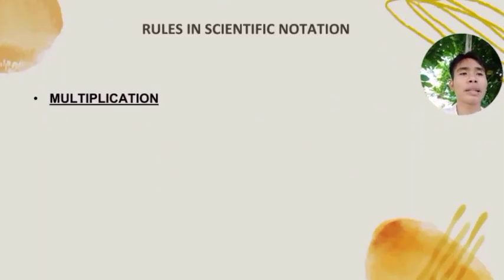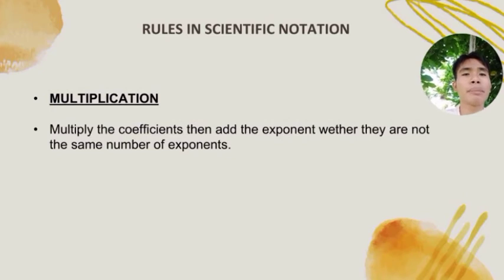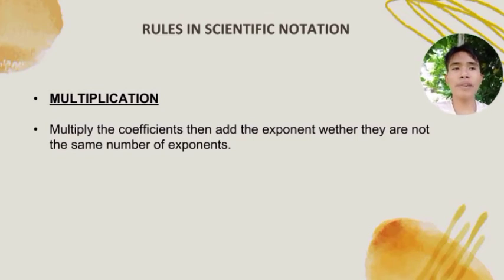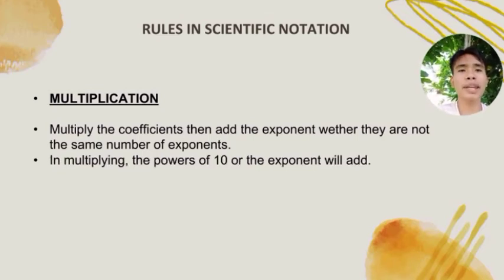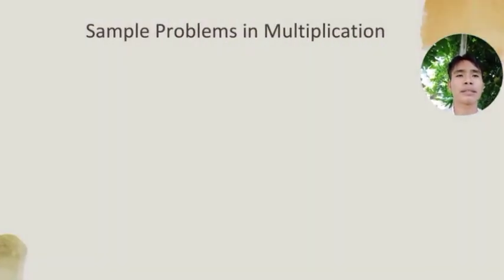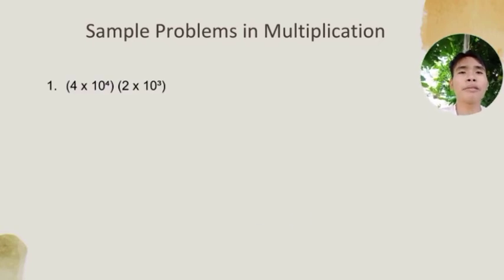Let's proceed to multiplication. In multiplication, multiply the coefficients, then add the exponents, whether or not they are the same number of exponents. In multiplying, the powers of 10 or the exponents will add. So the sample problem in multiplication: 4 times 10 to the power of 4 multiplied by 2 times 10 to the power of 3.